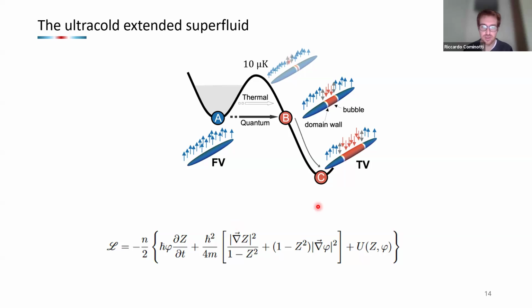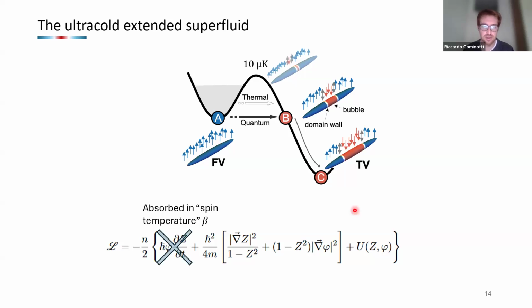We have also created an instanton theory for this kind of system. In particular, we started from the Lagrangian, which is a function of z, the magnetization, and of the relative phase. And we've made a few assumptions.